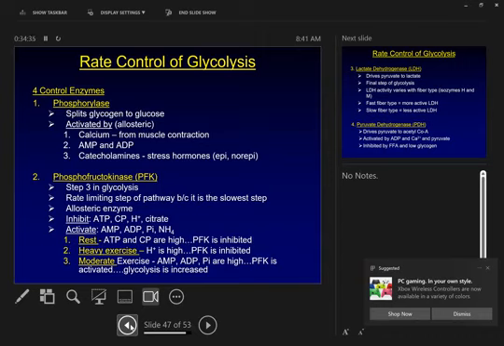All of those things are working in concert to activate phosphorylase. So while I'm exercising, I am beginning to stimulate that enzyme. I'm beginning to break down glycogen in my muscles to have glucose to feed into glycolysis, just in case I need to keep exercising longer. That's one of the things that goes on there.